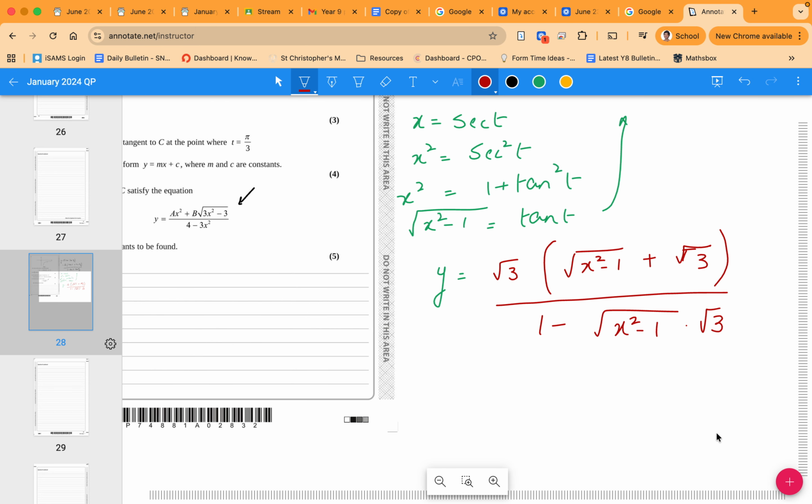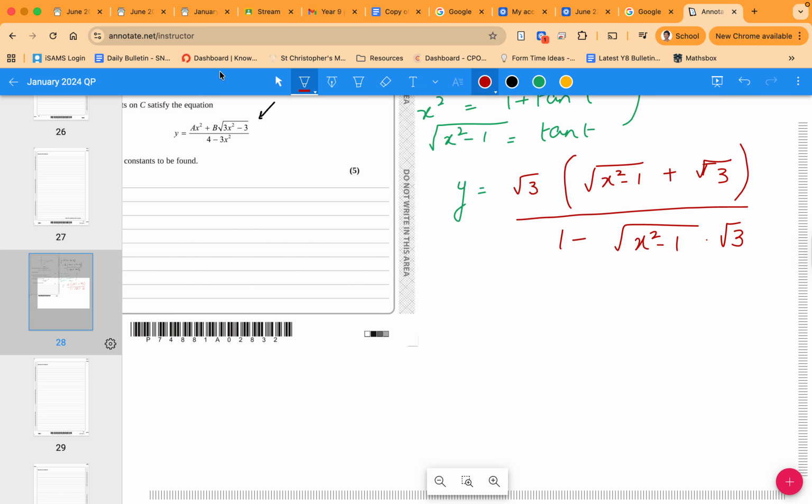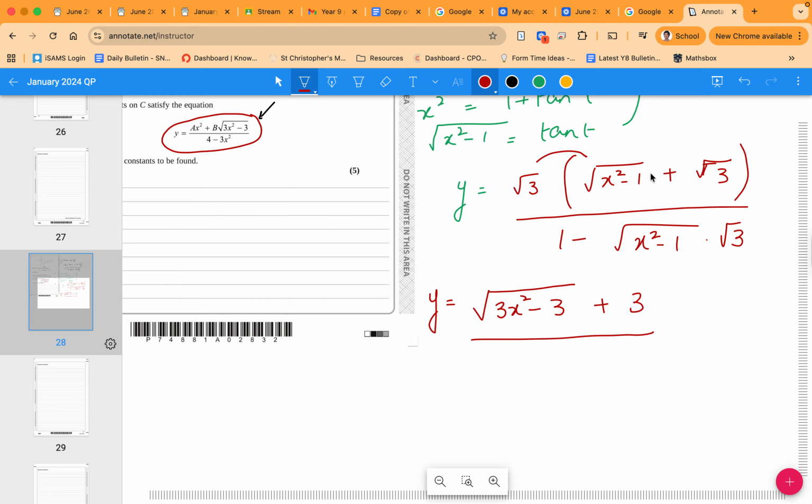So we are going to now start manipulating this to get this answer here. So we are actually getting it in this format. Okay, now my y could be written as, I'm going to open up the bracket here. You can multiply the root 3 inside, so it becomes root of 3x square minus 3, and this becomes plus 3, root 3 times root 3.